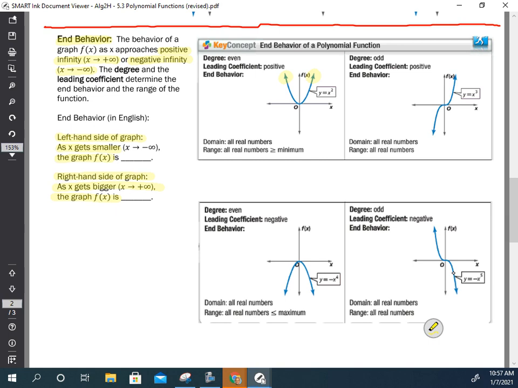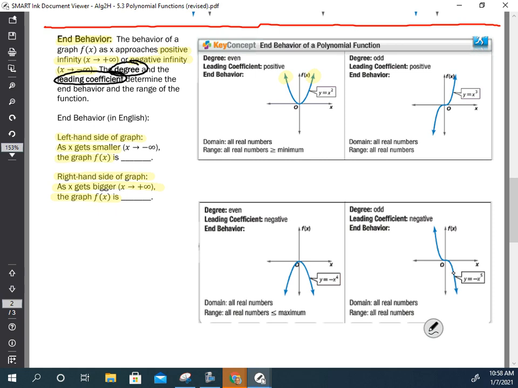The answers to those two questions are based off of the degree, and off of the leading coefficient. The degree and the leading coefficient will tell you what is happening. So if you look at your screen, notice that there are 4 different diagrams.